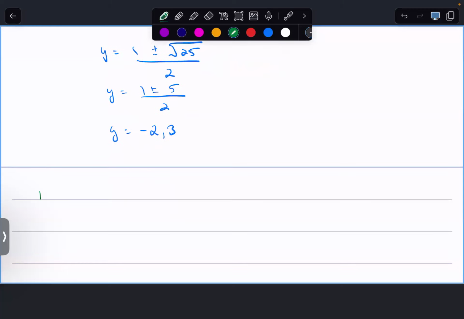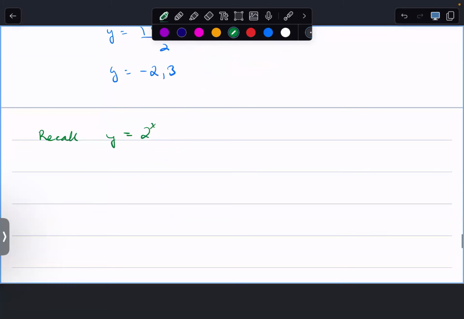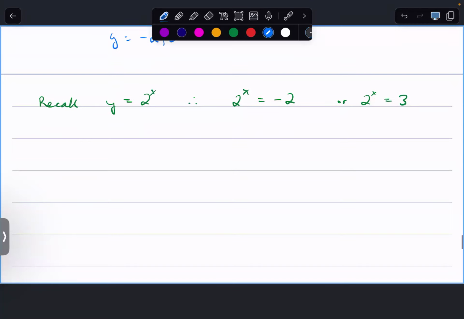So now, recall y is 2 to the power of x, and I'm really trying to solve for x. I've solved for y. So therefore, 2 to the power of x is equal to negative 2, or 2 to the power of x is equal to 3. Taking 2 to the power of x is negative 2, if I have to solve for x, you can do log base 2, but I always just use the natural log.